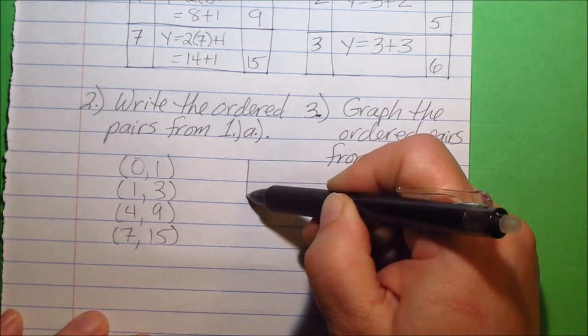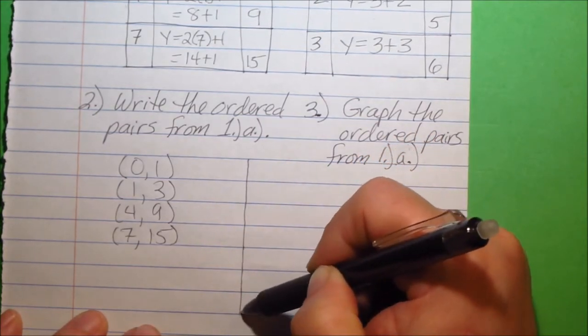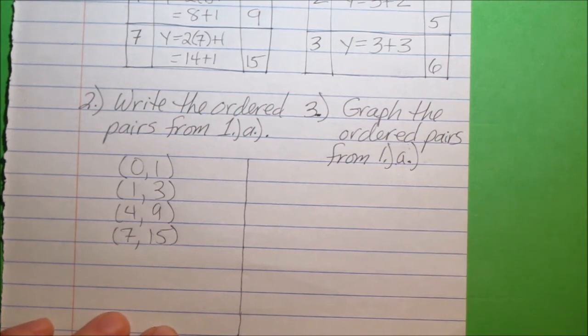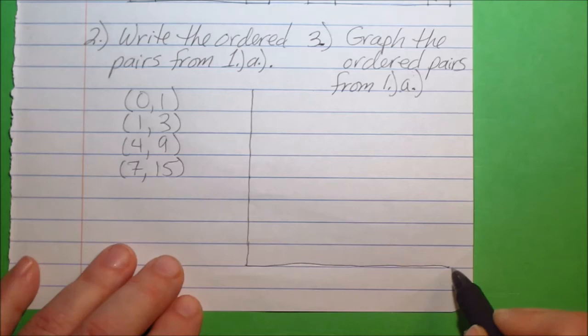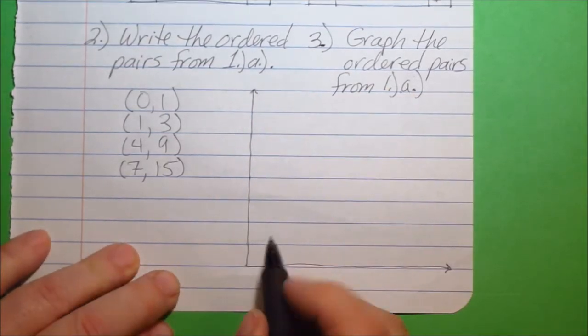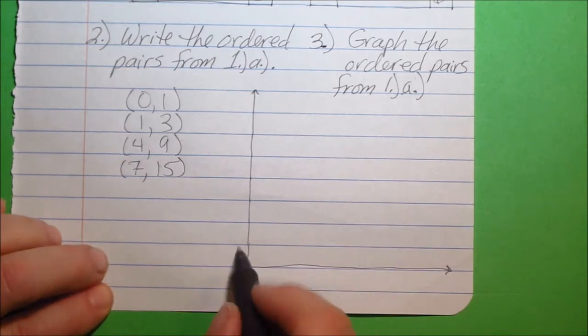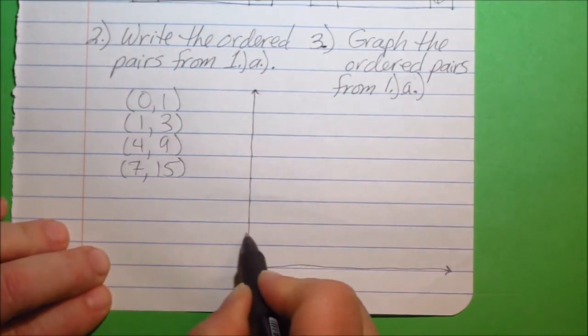So 1, 2, 3, 4, 5, 6, 7, and 8. And about the same length across. I think I've got that about right. All right, so the secret to doing this on line paper is you put a tick mark between the 2 lines and one on the line.